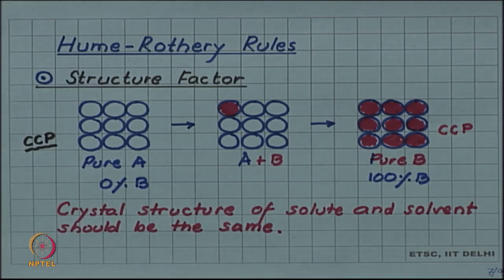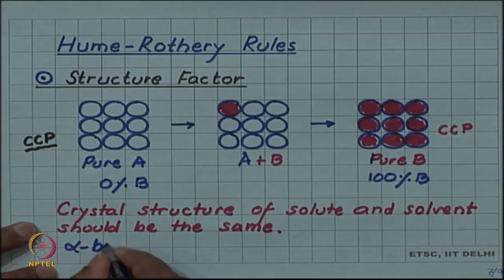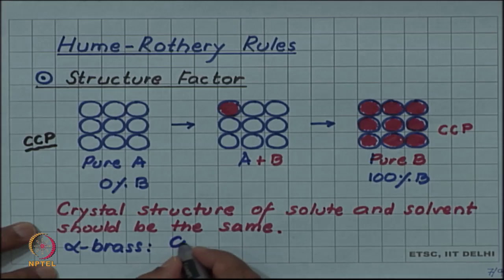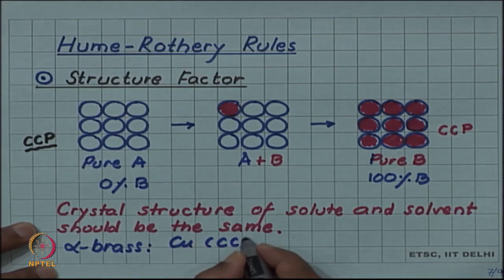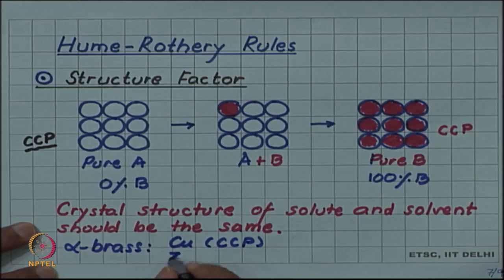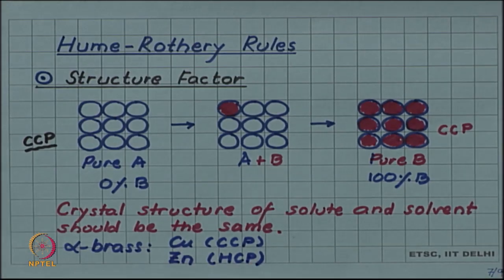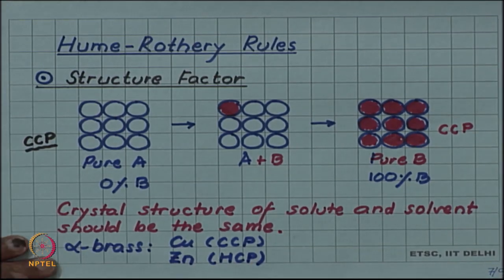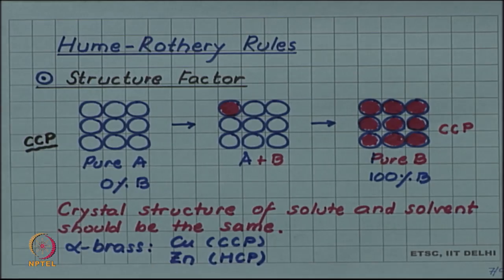We saw that alpha brass does not form complete solid solubility. So, if we look at alpha brass again, we have copper, copper is CCP, but the other element is zinc, which is HCP. So, obviously, complete solid solubility is not possible because structures are not the same. So, we will say structure factor is not favorable for solid solubility.